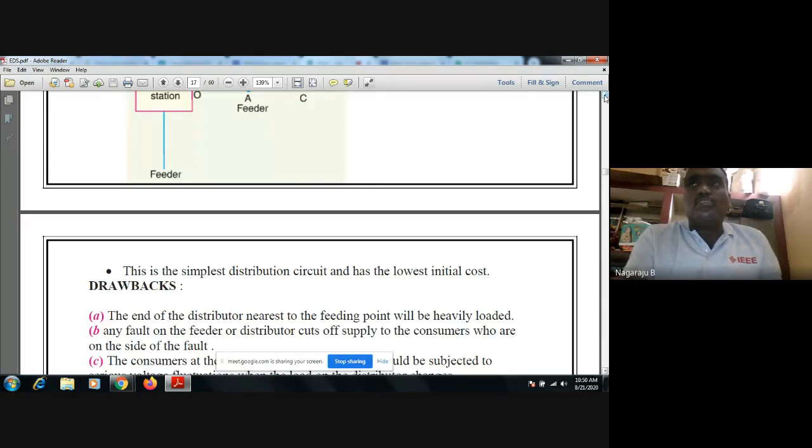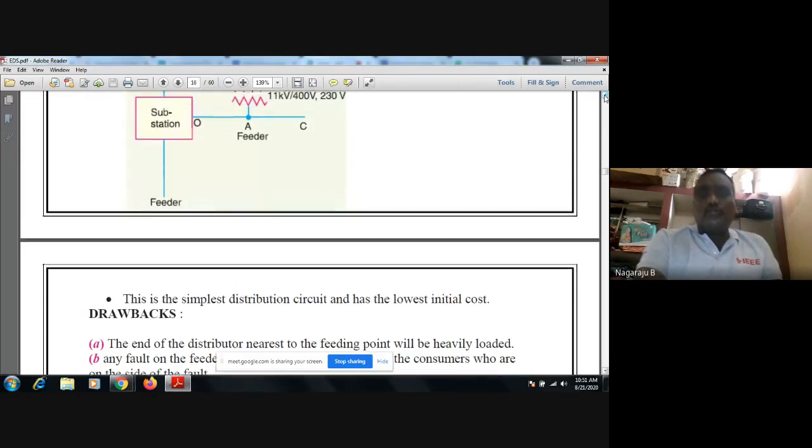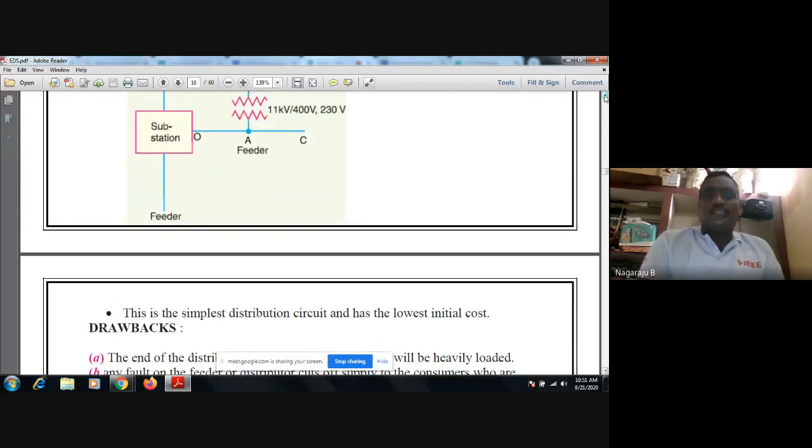Because it has a lesser initial cost for the establishment, and you can simply understand how the power is going to be distributed. But when a fault happens in the feeder, due to thunder or anything else, the total system may collapse. This is the drawback of a radial type of feeder.